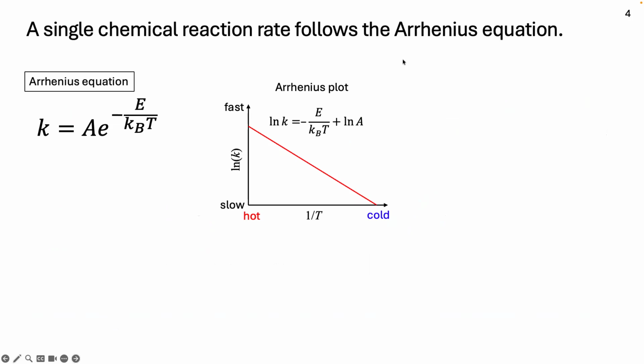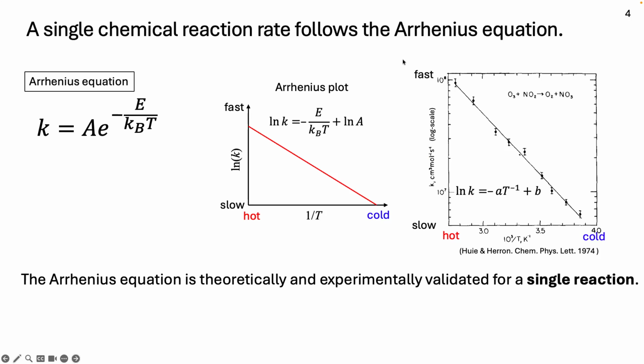So the log of the reaction rate equals minus E over KBT. It means if the reaction rate follows this equation, this plot is a straight line.